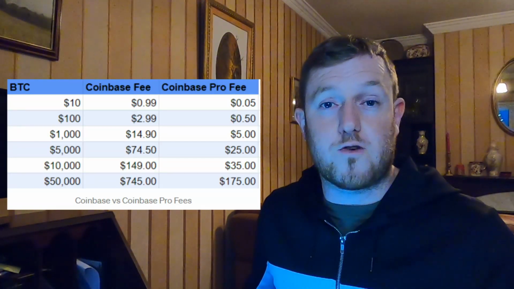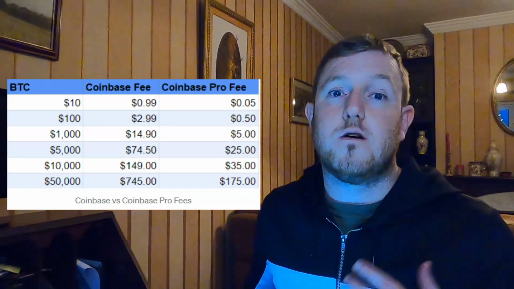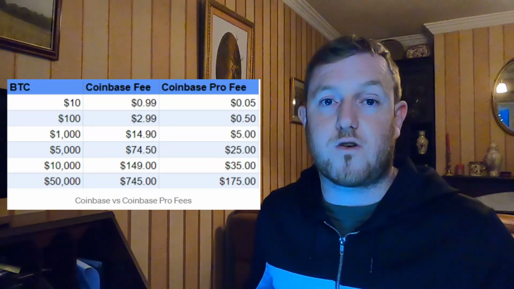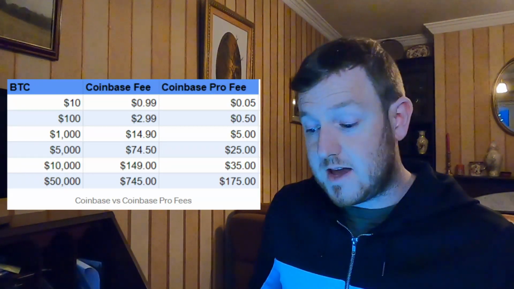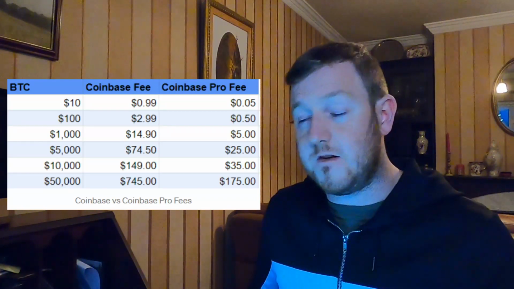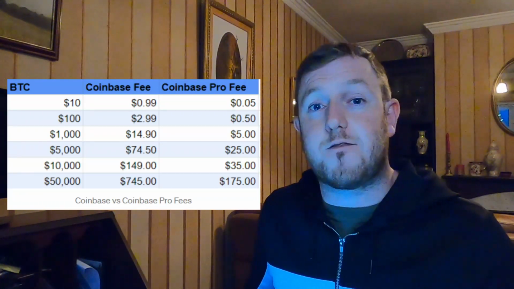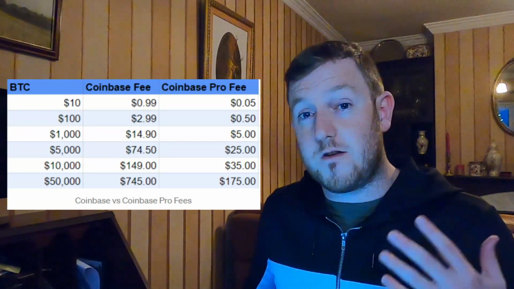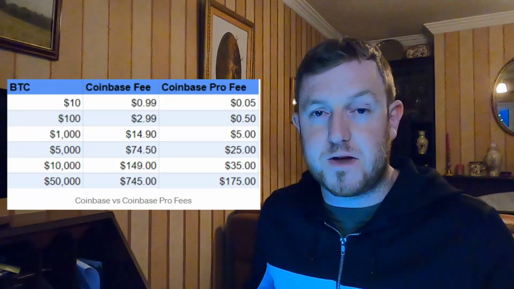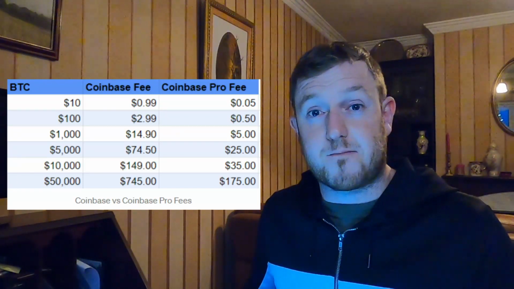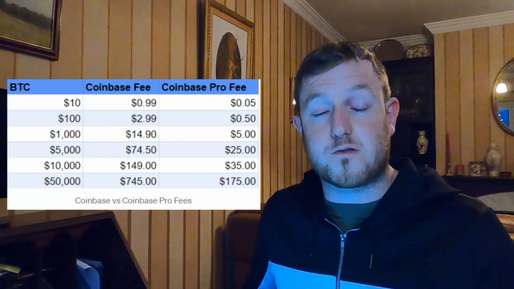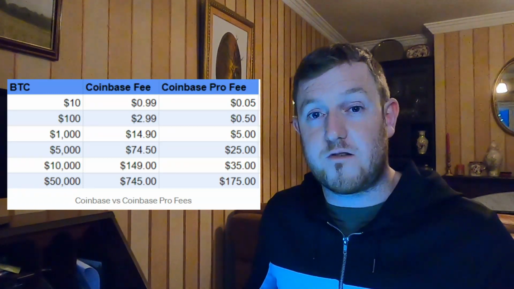If you had invested $100, then it would cost you $2.99 on Coinbase and 50 cents on Coinbase Pro. And if you invested $1,000, it would cost you roughly $15 on Coinbase and $5 on Coinbase Pro. So there is a $10 difference if you're investing $1,000 into something like Bitcoin between Coinbase and Coinbase Pro. So if you are going to do that, it is probably just easier to use Coinbase Pro and keep that $10 in your own pocket.